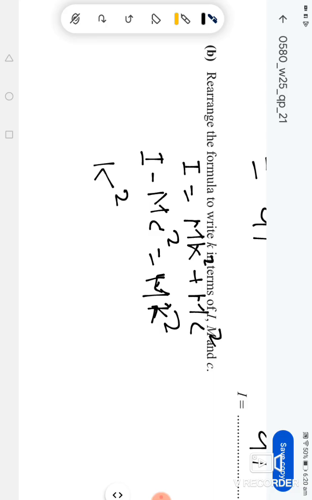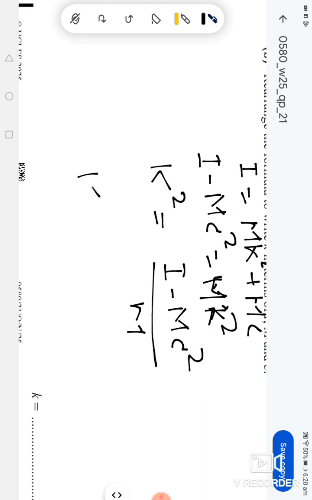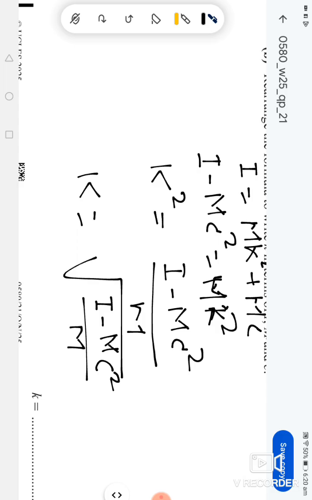So k square equal I minus mc square by m. k equals square root of I minus mc square by m, plus minus.